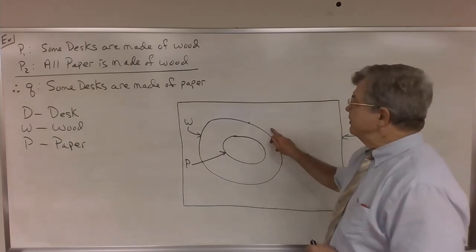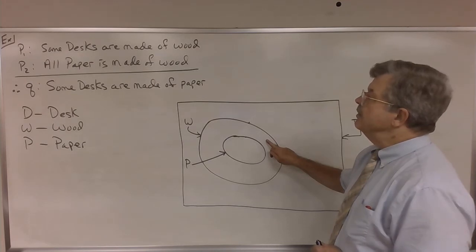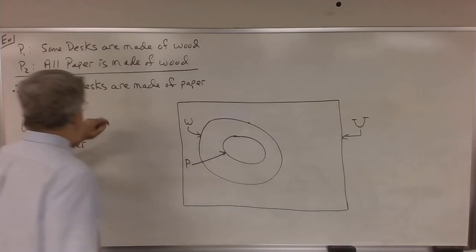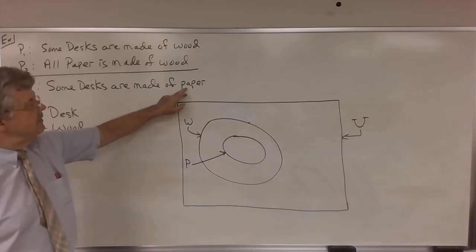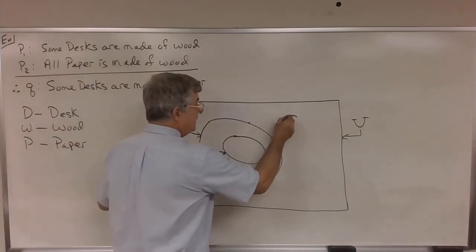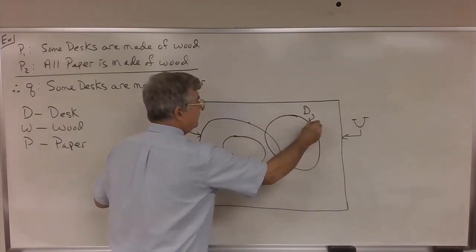The desk circle has to intersect the wood circle. Some desks are made of wood, but I want the conclusion to be false. So I don't want the desk circle to intersect the paper circle. So maybe I can do it like this. Here's my desk circle.